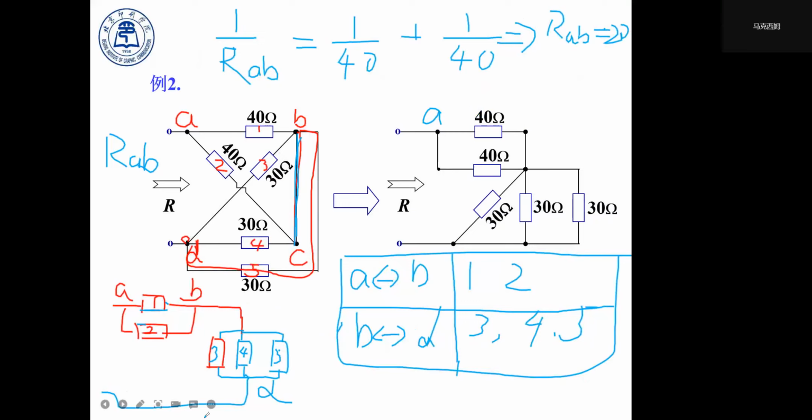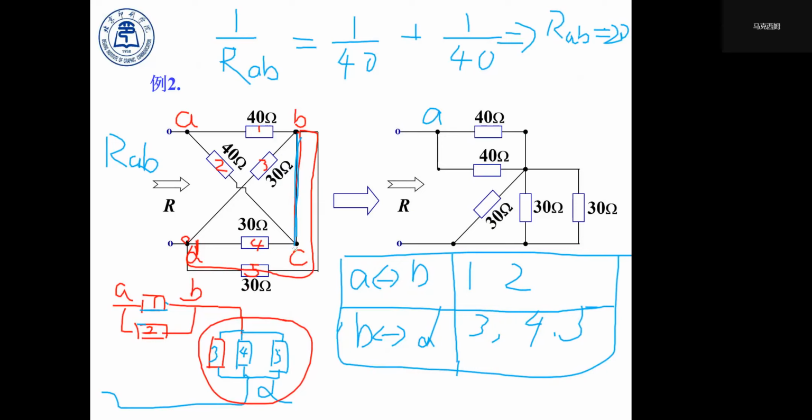Similarly, we apply this strategy to this part, right? So we can calculate the replacement resistance by calculating the sum of the reciprocals of those three.